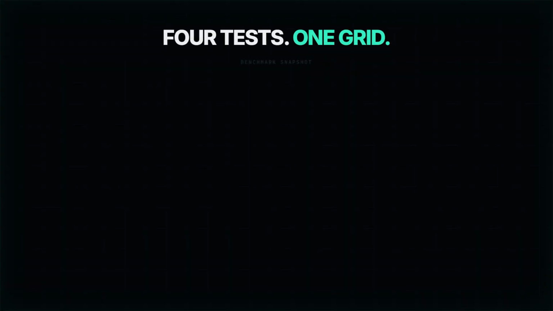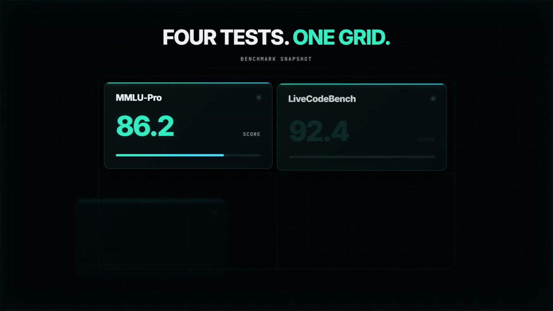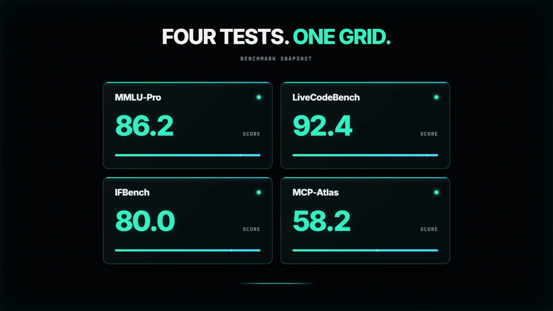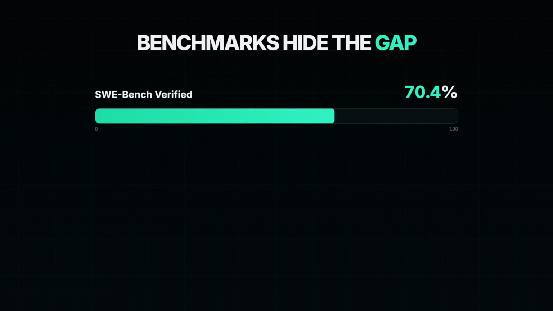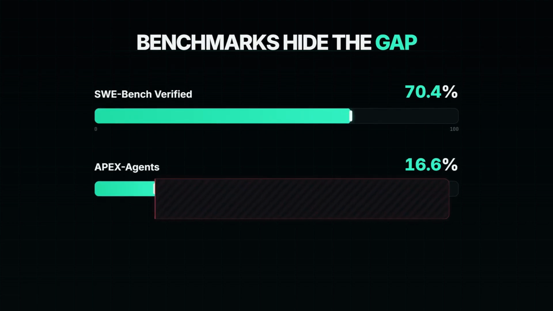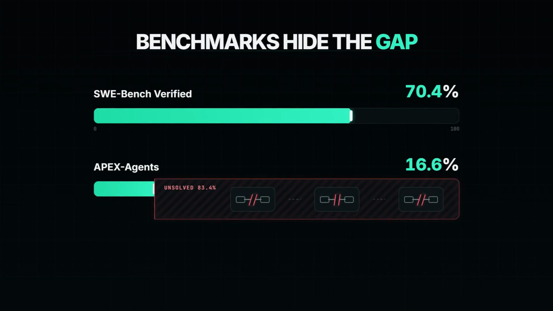The published numbers are eye-catching: 86.2 on MMLU Pro, 92.4 on Live Code Bench, 80 on IF Bench, and 58.2 on MCP Atlas. Upstage compares these favorably with several leading models. Solar Open 2 reportedly scores 70.4 on SWE Bench Verified and 16.6 on Apex agents. Those suggest serious capability, while also showing that difficult end-to-end agent tasks remain far from solved.